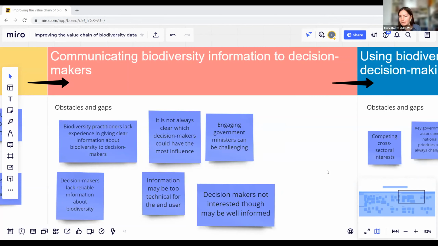And so having the right ministries and the right agencies involved in the process right from the get-go so that they have buy-in and they feel they have a mandate to use the information is absolutely key, so that it doesn't stay restricted to the Biodiversity Agency or the Ministry of Environment, and instead also works with other sectoral ministries.